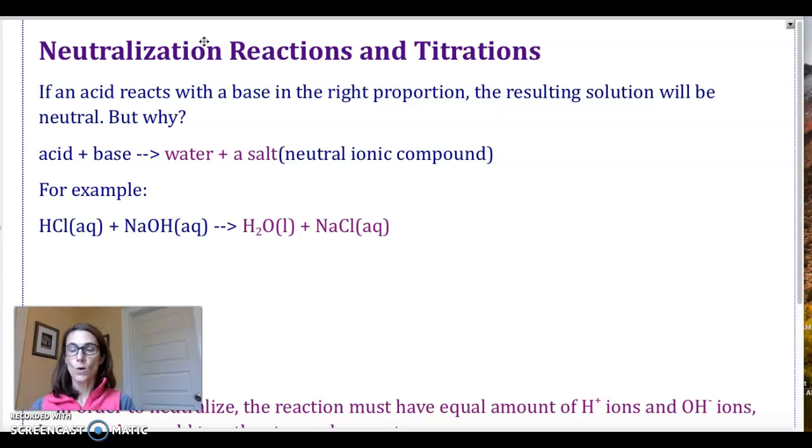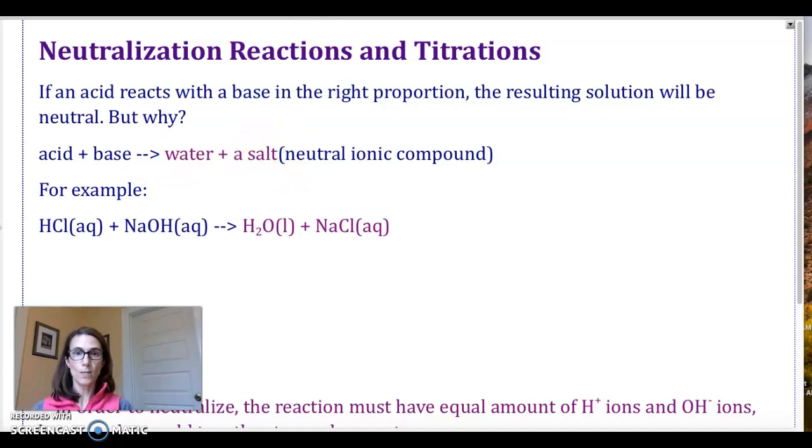Okay, so to start, I just wanted to tell you that when an acid reacts with a base, and it has to be in the right proportion, the resulting solution will be neutral. But why? Why is that? So let's talk about the chemistry behind that. It's based on this very generic equation here. When we add an acid to a base in the right proportion, what is produced is water plus a salt.